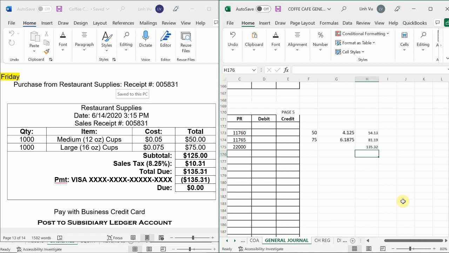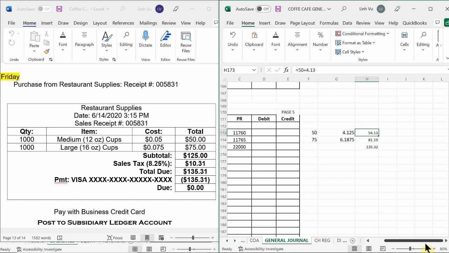No, it's off by 1 penny, so we've got to figure out which one is the closest to rounding up or down. In this case, we got 4 dollars and 12.5 cents versus $6 and 18.75 cents. You've got to extend them one more spot. Since it didn't come out any further than the 5 at the end, there are zeros after it apparently. Which one would you go with?